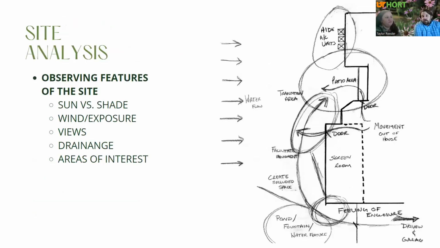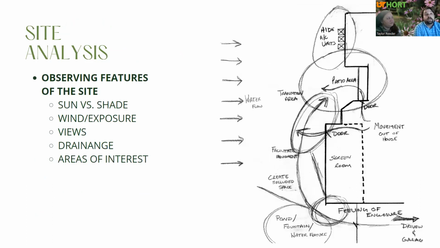The next part is one of my favorite parts because a lot of times it is the part where we get to go to the site when we have the opportunity, and this is for site analysis. During this process, it's really just about getting some of these elements of your site that you can't necessarily quantify with the base map.